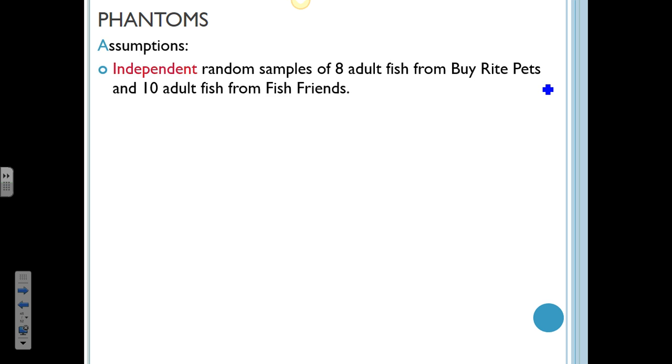We have independent random samples of 8 adult fish from By-Right Pets and 10 adult fish from Fish Friends, correct? Each location is independent, so one pet store does not influence or affect the other pet store and the length that they have of this certain fish that is the same species.